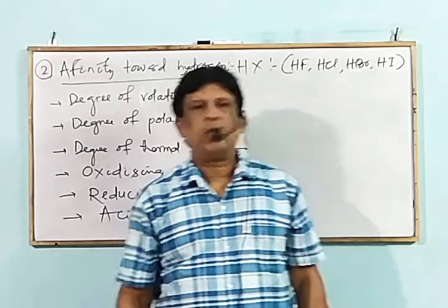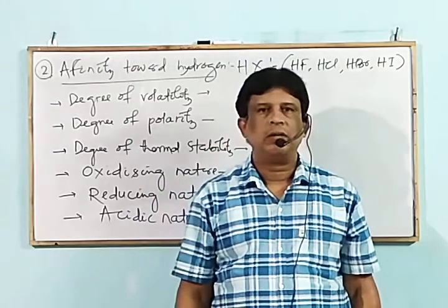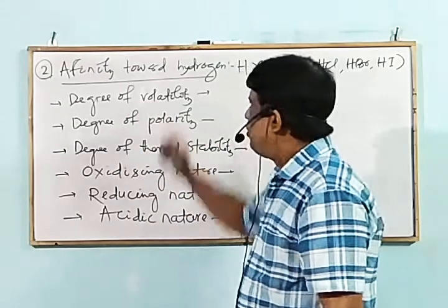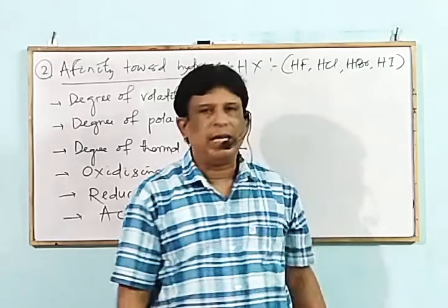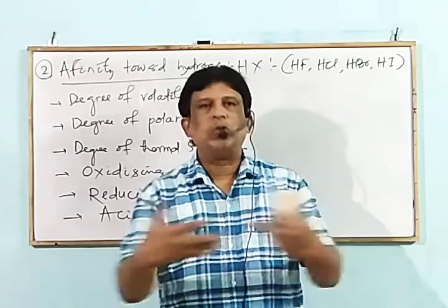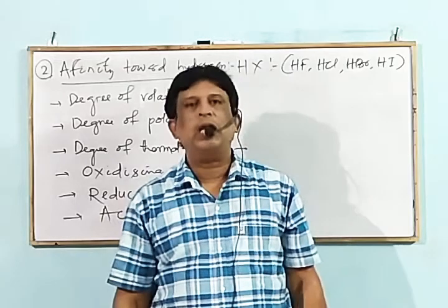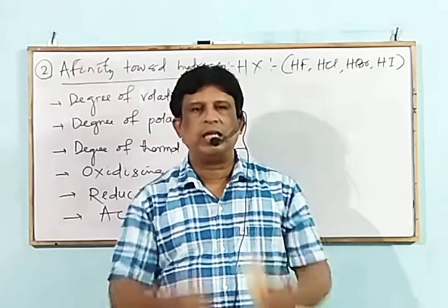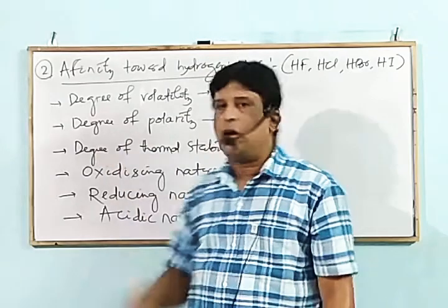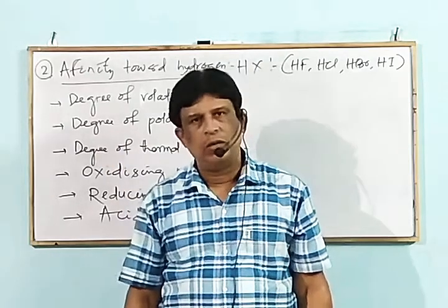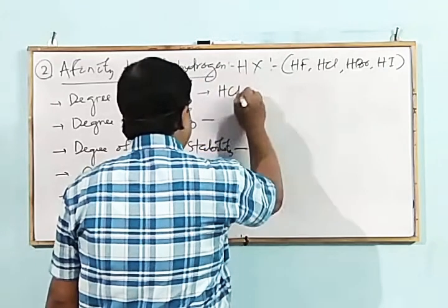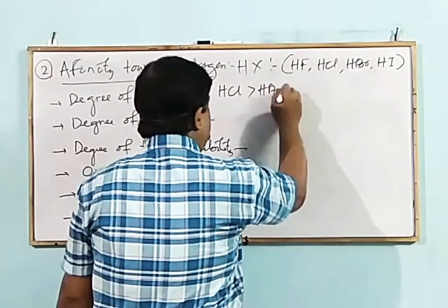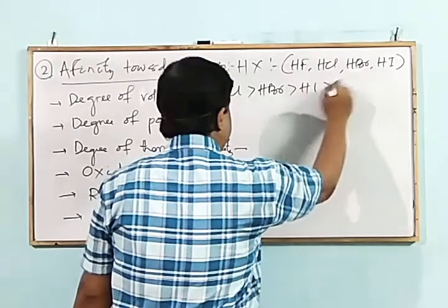We know that they are covalent in nature. For the degree of volatility, the first one is HF, hydrogen fluoride. Due to the presence of intermolecular hydrogen bonding, bond strength is higher, so degree of volatility is low. So the order of volatility is HCl, HBr, HI and HF.